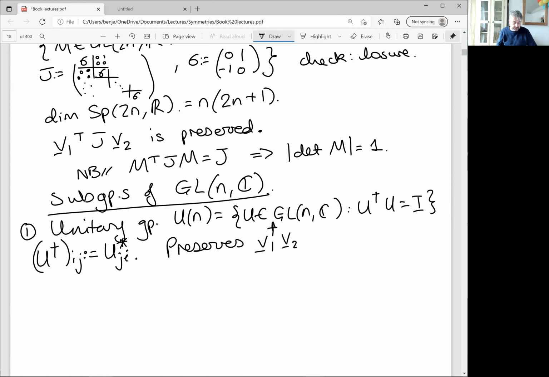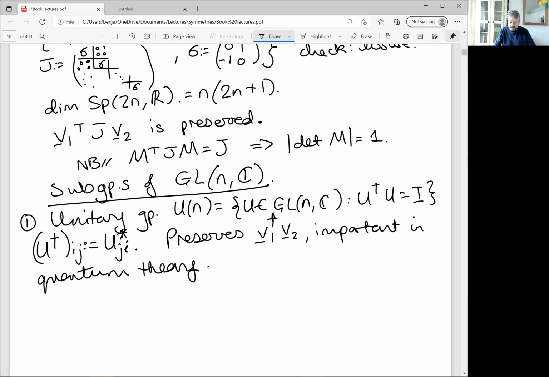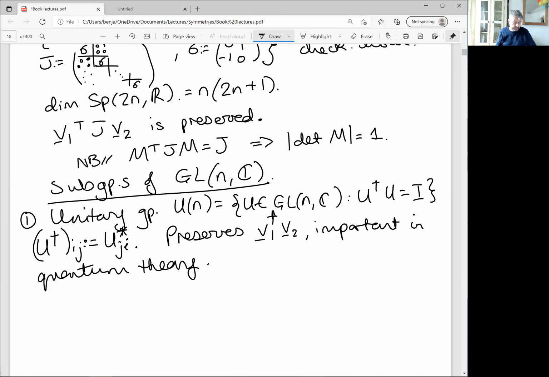So this is important in quantum theory. These unitary groups will be important to us because we're going to be dealing with quantum theories.